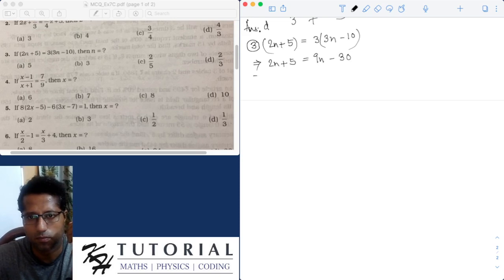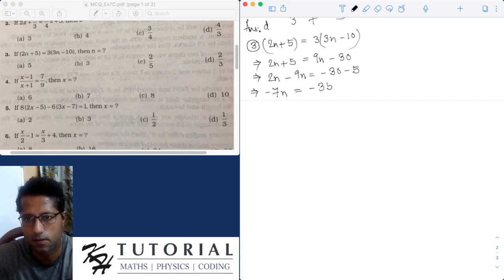So now we will bring the variable terms. Here the variable is n. We will bring all the variable terms to the left hand side and all the constant terms to the right hand side. So the equation becomes 2n minus 9n equals minus 30 minus 5. Now 2n minus 9n becomes minus 7n, and the right hand side becomes minus 35.